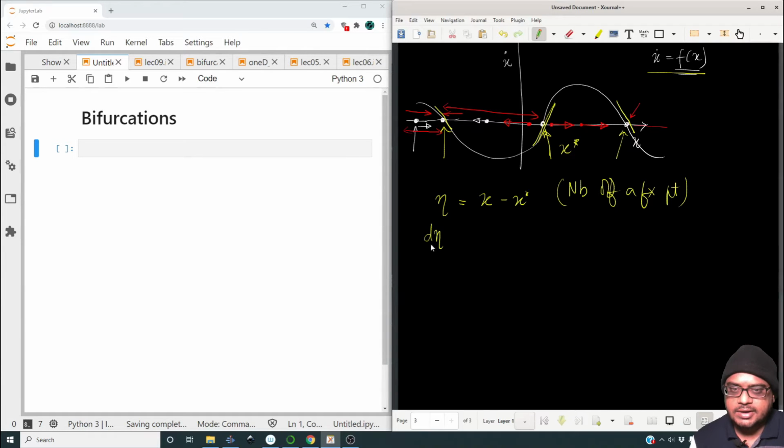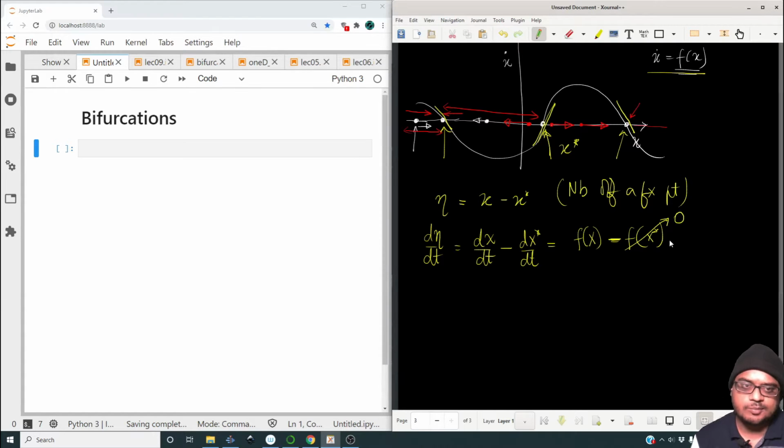So d eta dt is going to be equal to dx dt minus dx star dt, and dx dt is equal to f of x, while dx star dt at a fixed point is f of x star, and it is 0 because it is a fixed point by definition.